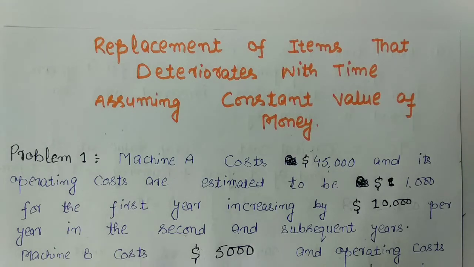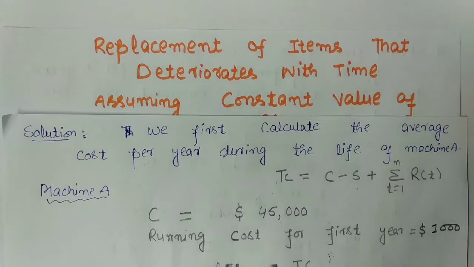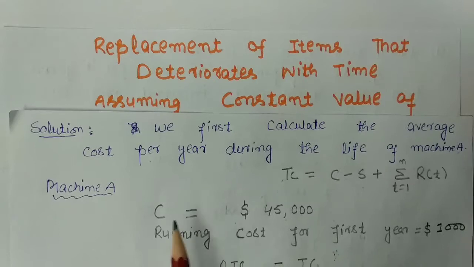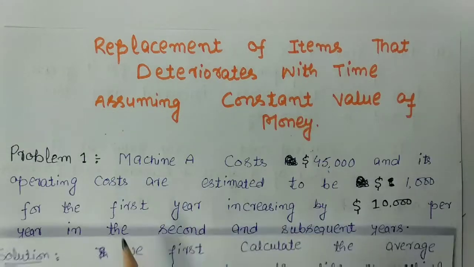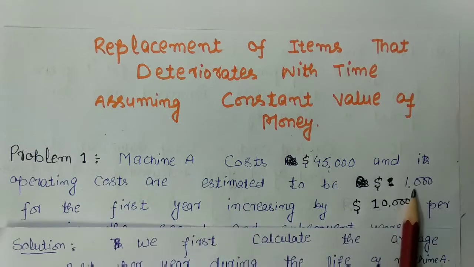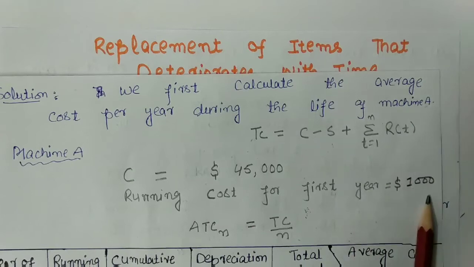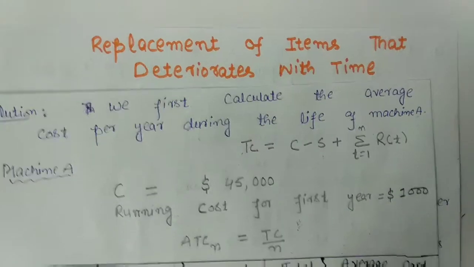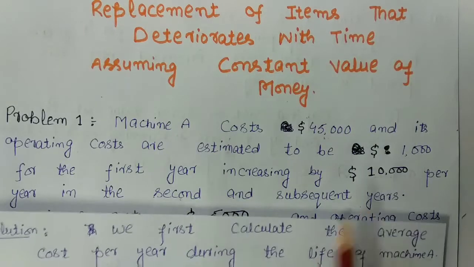So here for machine A the cost is $45,000. In order to calculate the average cost per year during the life of machine A, we need the cost, which is $45,000, and the running cost for the first year, which is $1,000, and in the second year and subsequent years it increases by $10,000.